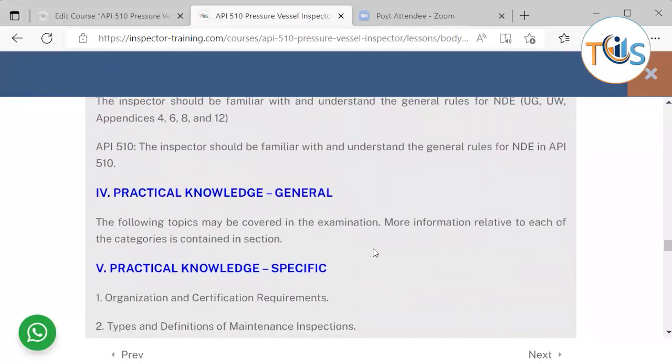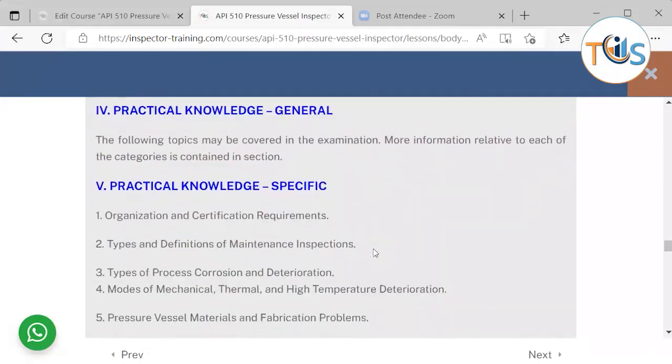You should also know about some practical knowledge, general practical knowledge and specific practical knowledge. For the general, as an API inspector, we bring lots of examples so you get the hang of it.